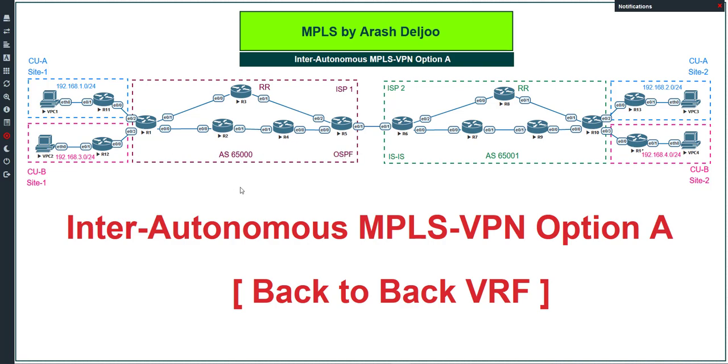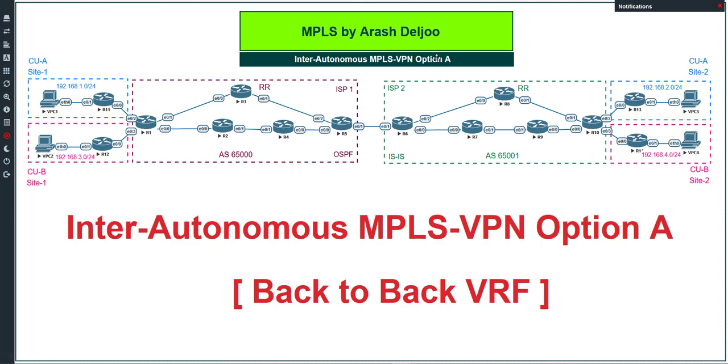We need to configure inter-autonomous type of MPLS VPN, and what inter-autonomous MPLS means is that we are using the MPLS VPN between two autonomous systems. Because of that we call it inter-autonomous system, okay, or inter-autonomous. Here we have some options for configuring the MPLS VPN in this type of scenario.